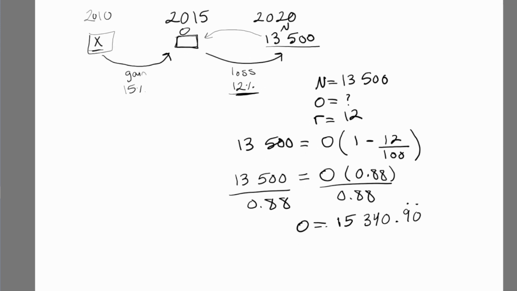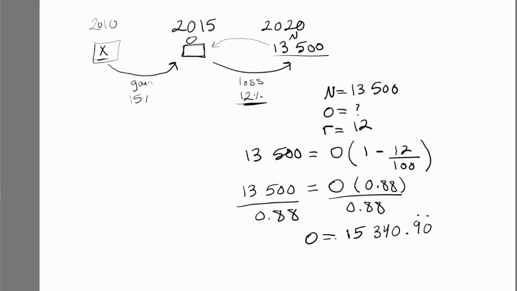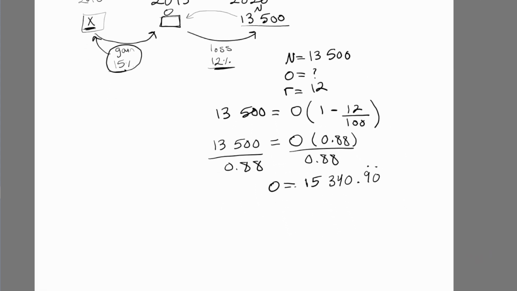Now, what do we know? We know that this price was actually a 15% increase over the original price in 2010. So now we're in a new scenario where this is the new price. So let's go back here. Now we know that this is 15,340 almost. And now we have this being the old price, this being the new price, and the gain percentage increase equal to 15.